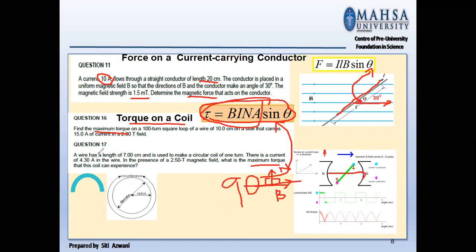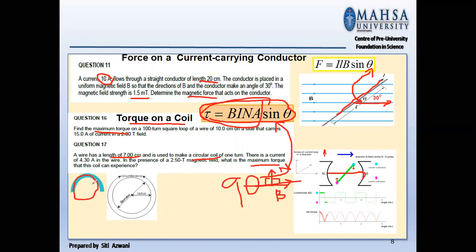Question number 17 is similar to question number 5. You have a length of your wire here, and then you bend it into a circular coil. Just imagine you bend your wire into the circular coil.